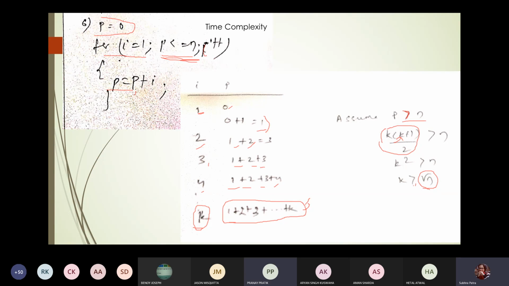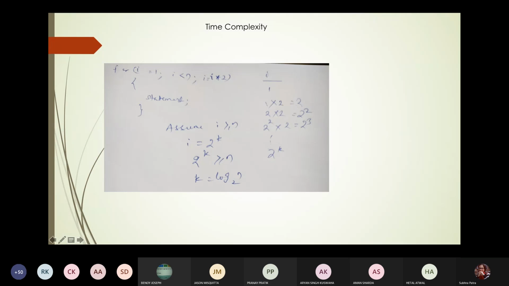Similarly, there is another case where we have for i equal to 1, i less than n, and i equal to i cross 2, and then the statement. For i equal to 1, it will be running as 1 into 2.